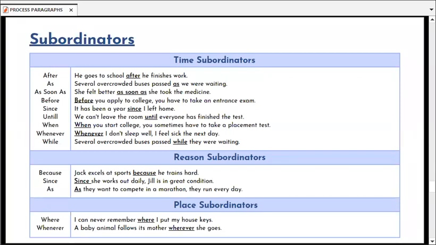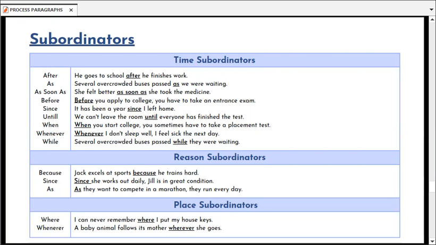Before you apply to college, you have to take an entrance exam. Since. It has been a year since I left home. Until. You can leave the room until everyone has finished the test. When. When you start college, you have to take a placement test. Whenever. Whenever I don't sleep well, I feel sick the next day. While. Several overcrowded buses passed while they were waiting.